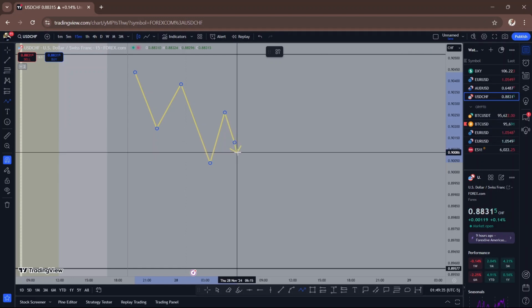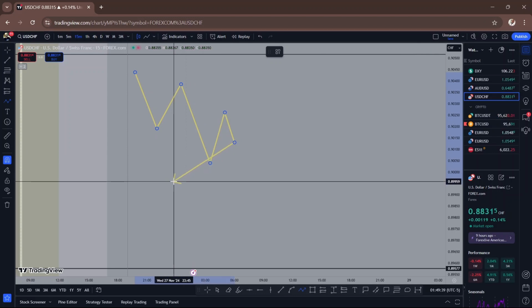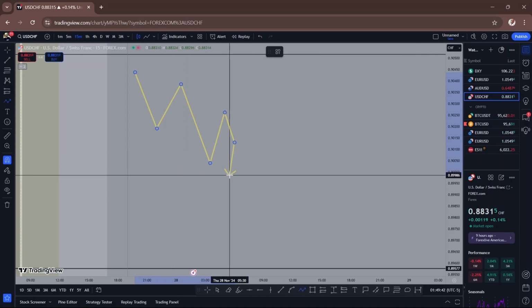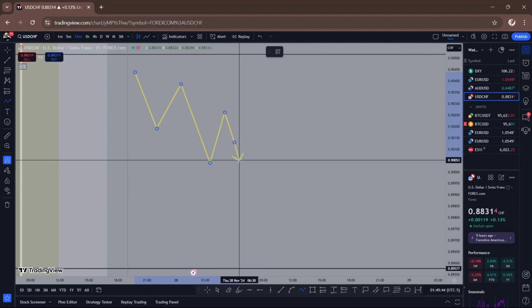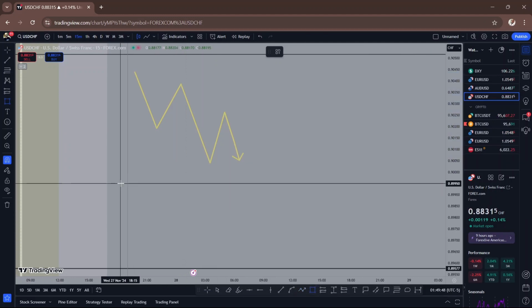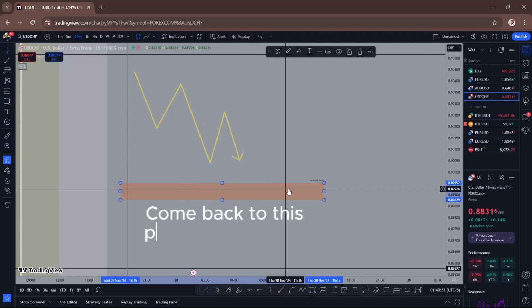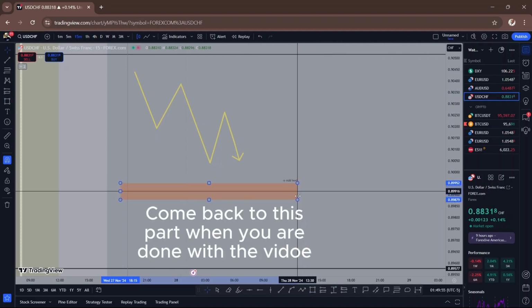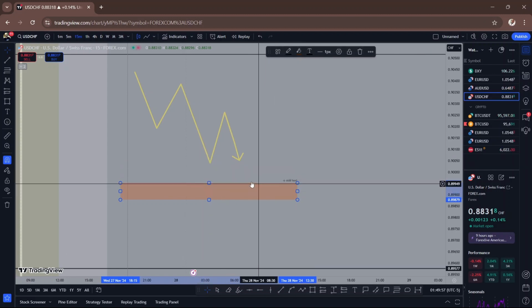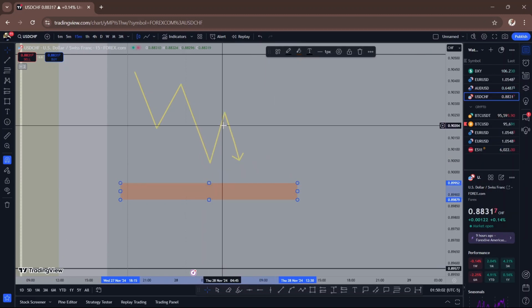Then Friday, if we're getting a continuation, we're targeting this low, or any PD array below that low. Let me make it more clear. Let's say we have a PD array that we're going to target. It might be equal lows, it might be a fair value gap. Then this is the actual draw on liquidity for the week that is making us have that bearish week.